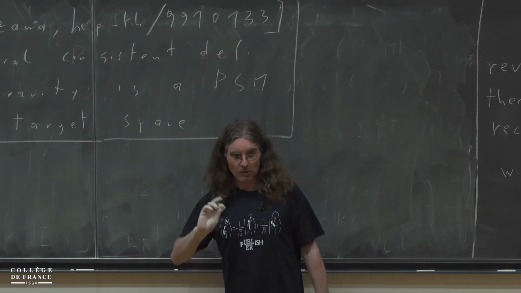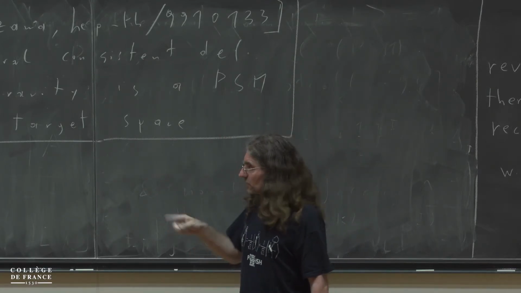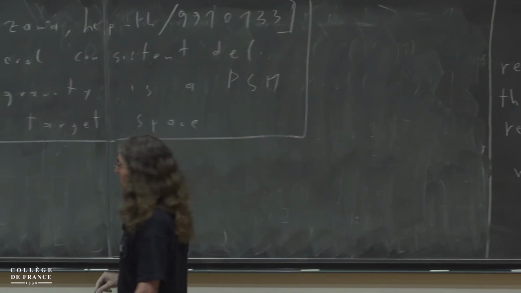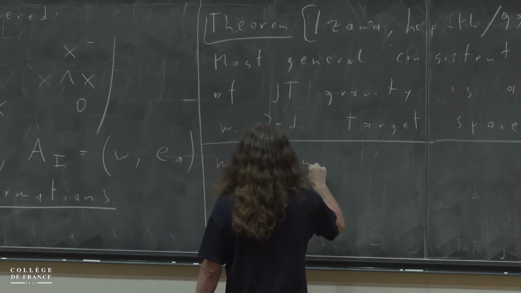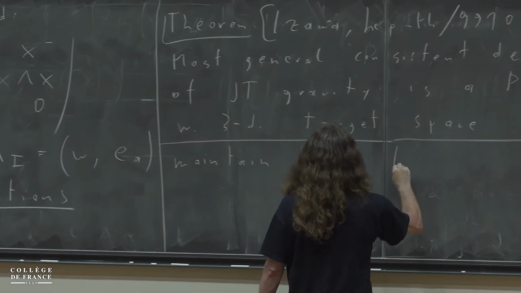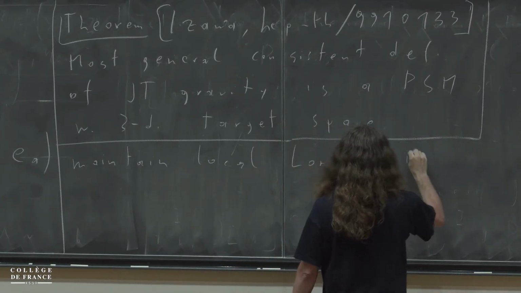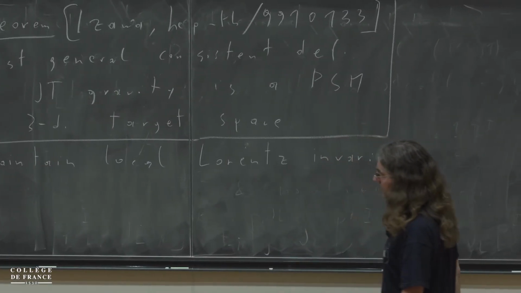So you might lose local Lorentz invariance by deforming to an arbitrary Poisson-Sigma model. So the restriction that you want to impose to make sure that you still have a gravity theory is that you maintain local Lorentz invariance. And of course also diffeomorphisms, but that you will always get. So the non-trivial aspect here is to maintain local Lorentz invariance.